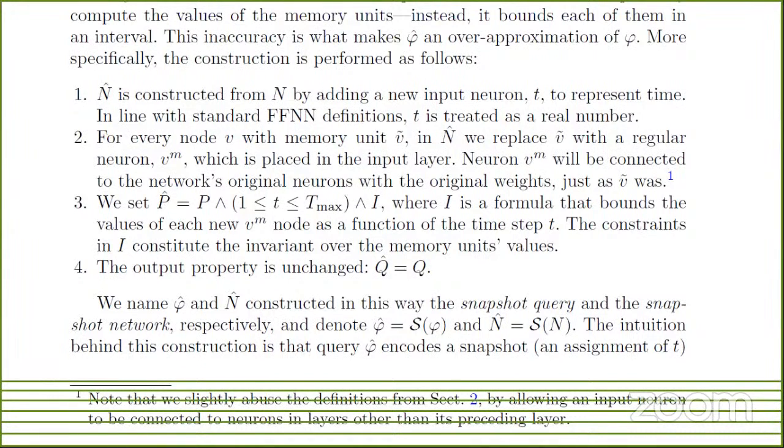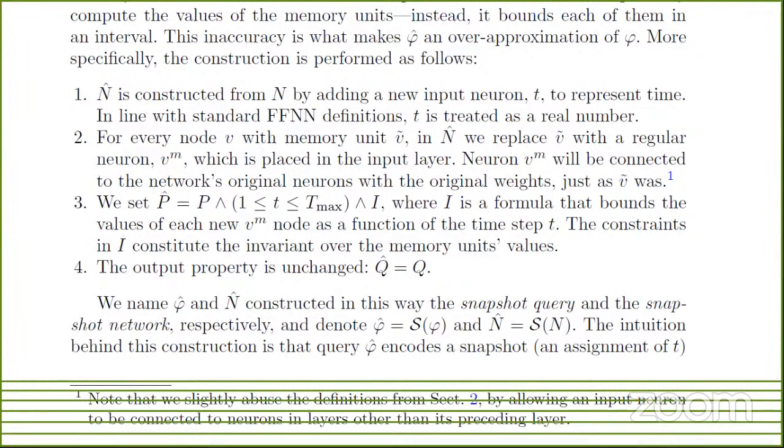They are all input neurons now, so their values will be chosen such that if you start in some memory state, then for that time unit you'll actually violate the property.